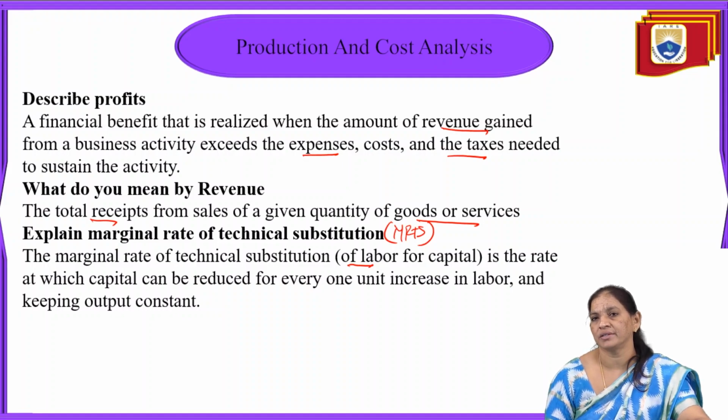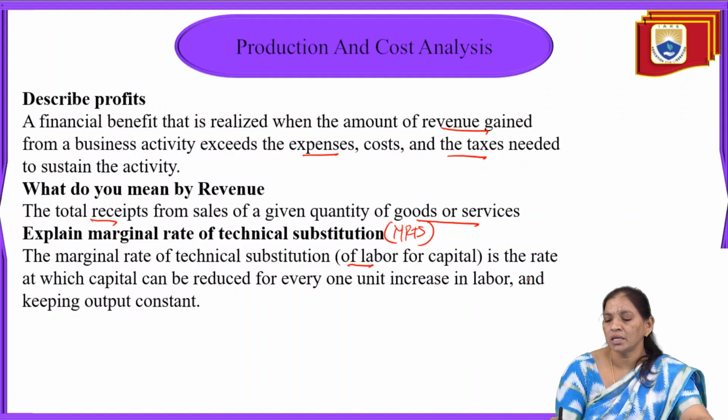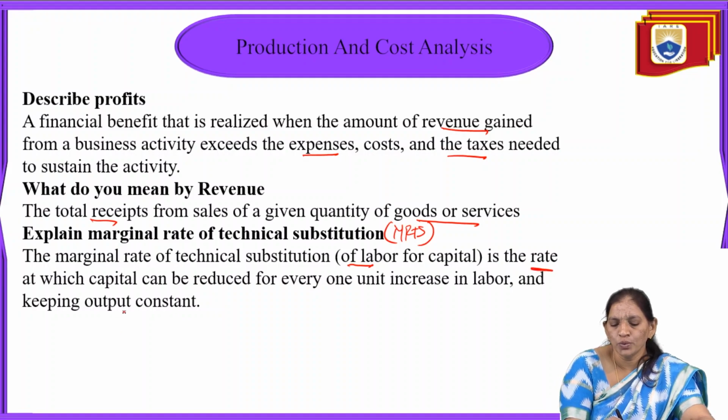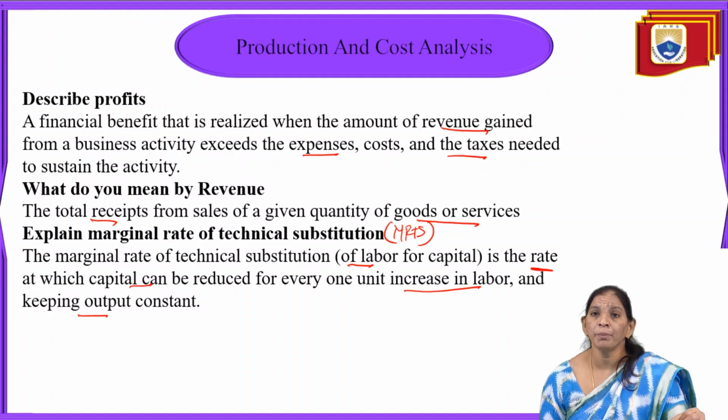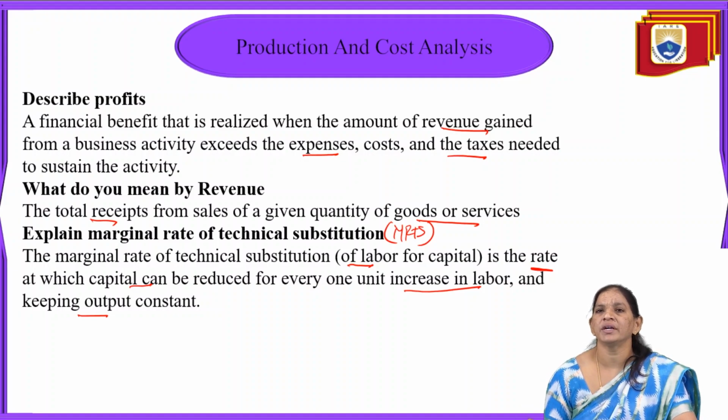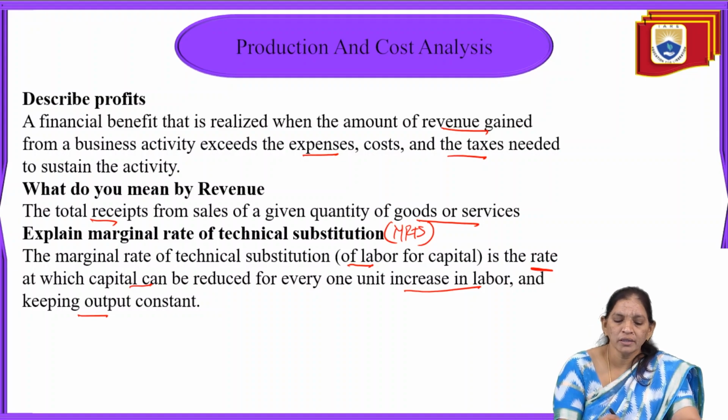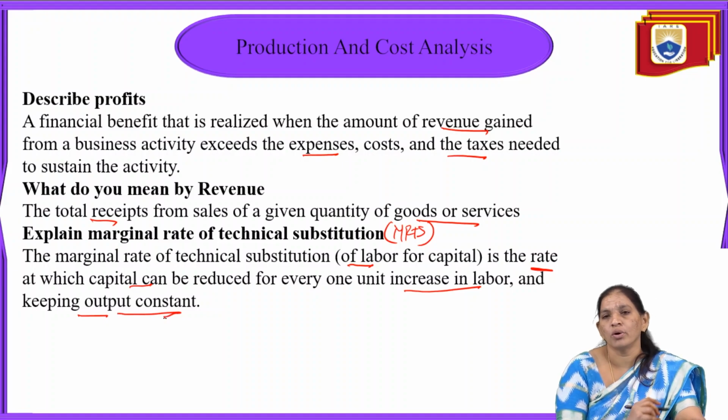MRTS is the rate at which capital can be reduced for every unit increase in labor, keeping output constant. One factor reduces and one factor increases, but the output remains constant.